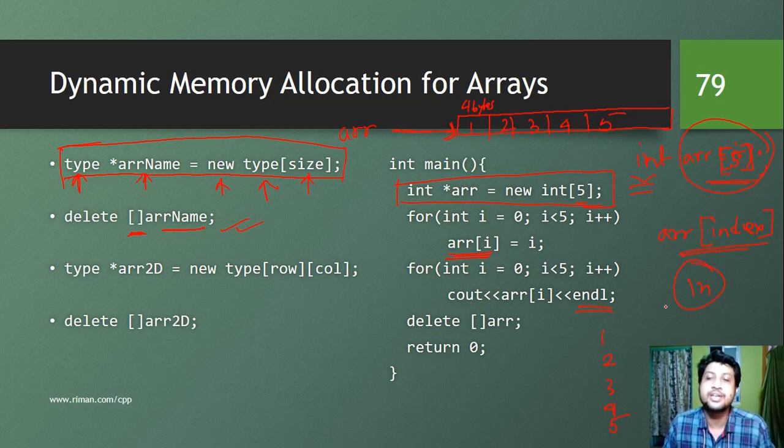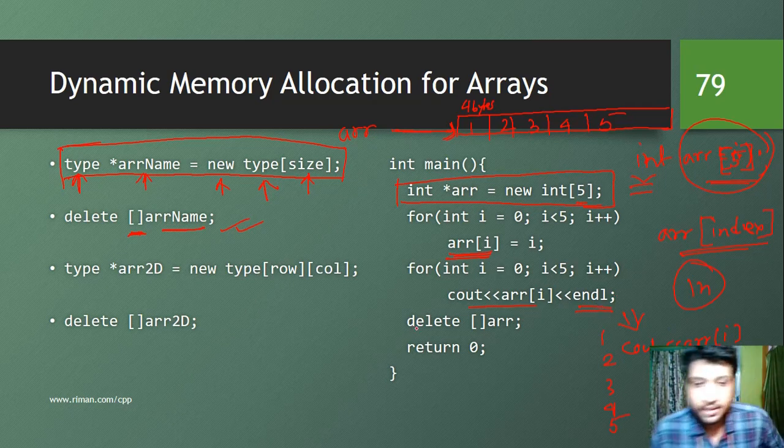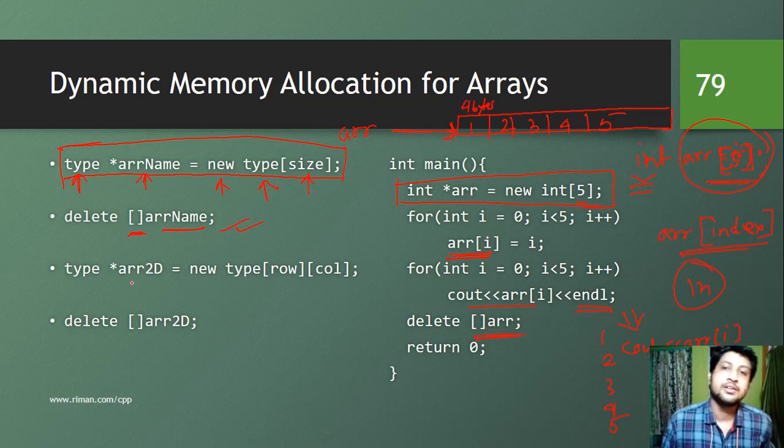So this statement is equivalent to cout of arr[i] with \n, that means after each number we put a new line character. Endl actually creates a new line. And then we are deleting that array.